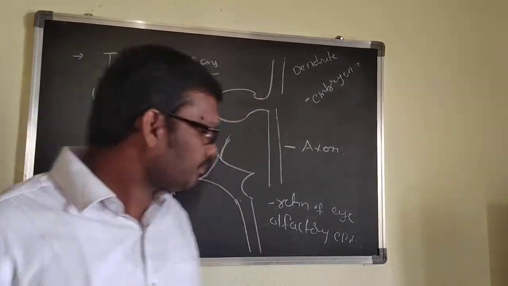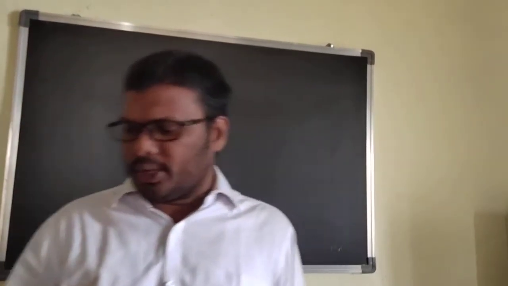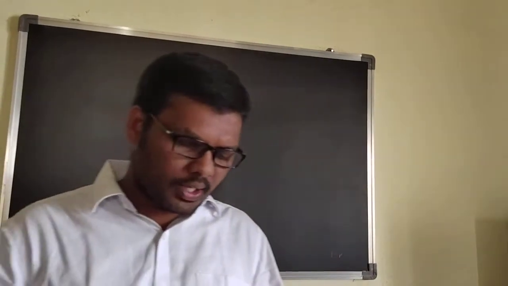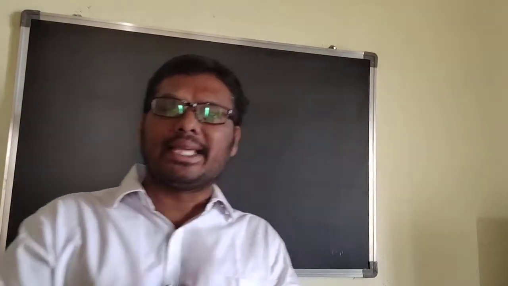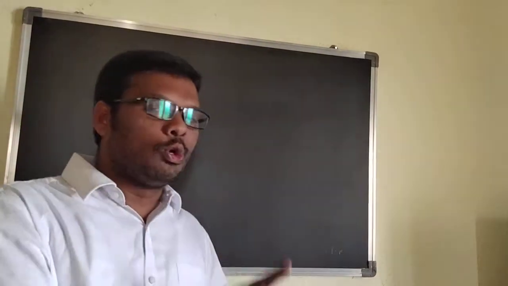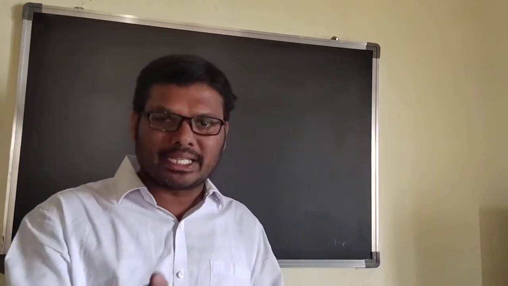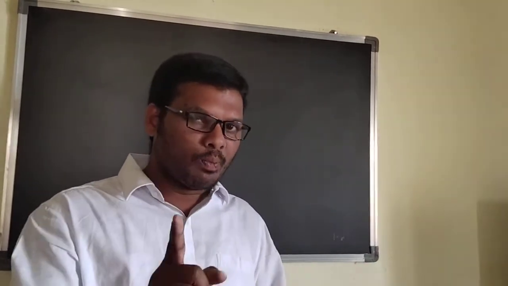In this, see, regarding the cell body, the dendrites and the axon: the dendrites and cell body have Nissl granules and neurofibrils, but the axon has neurofibrils only, there are no Nissl granules or Nissl bodies, keep in mind.